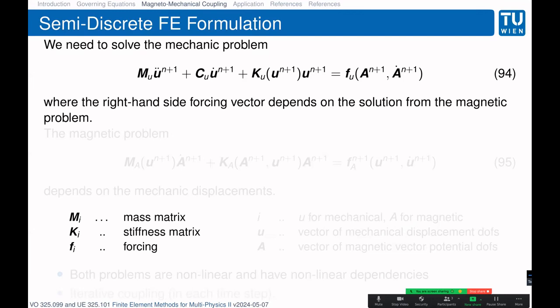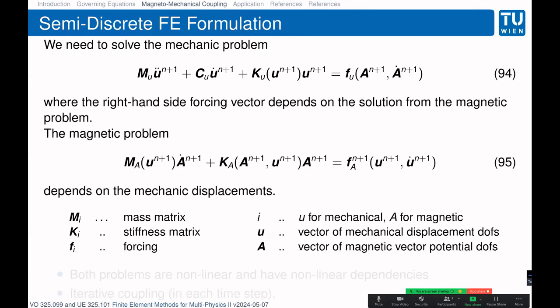In effect, this is the solution of the magnetic system, of course, and the magnetic problem now has a mass matrix. So these are the conductivities, and the stiffness matrix. So this is the curl term, and they both depend on the mechanical configuration due to the updated Lagrangian formulation.